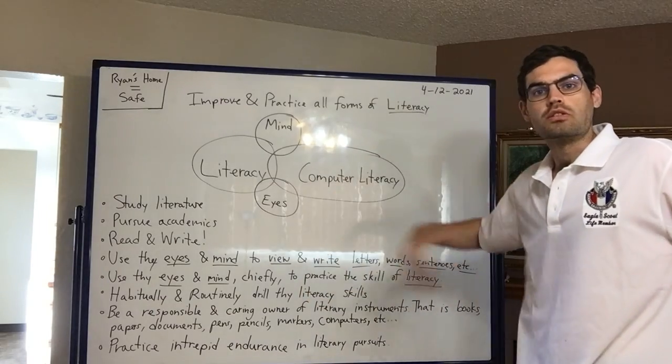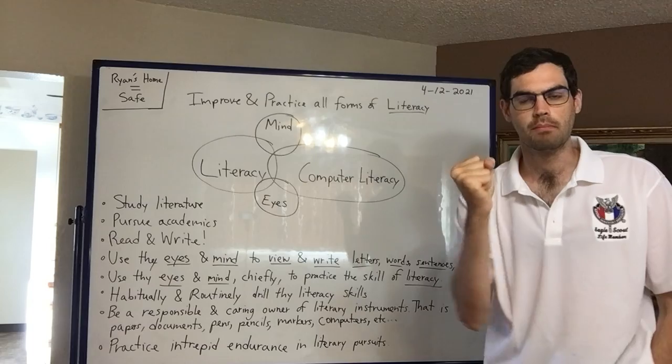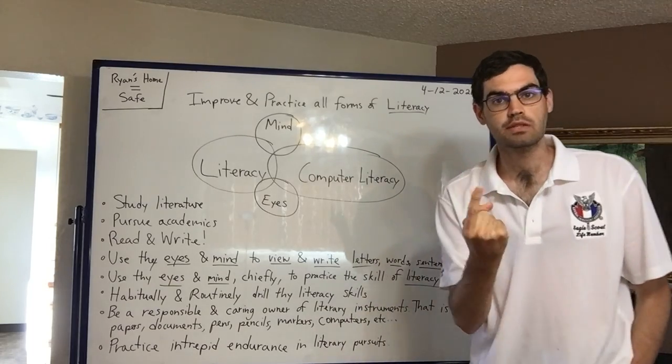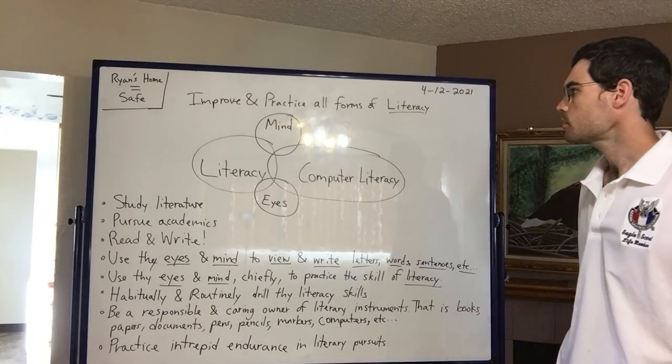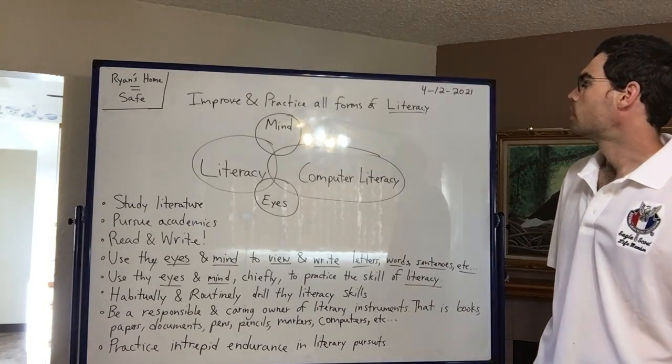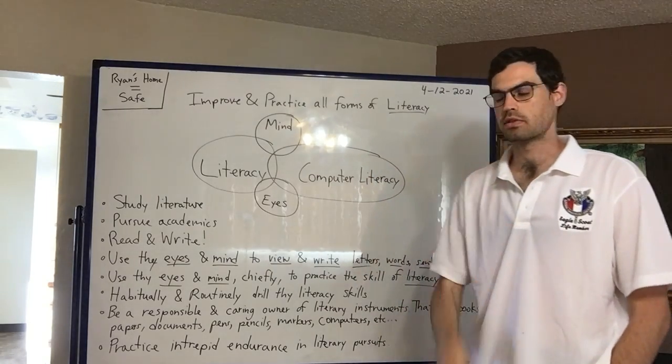You have to be fluent in those things to really be a very literate person, to truly grasp and command and excel and be successful with literacy. Okay, so all forms, improve it and practice all forms of literacy.